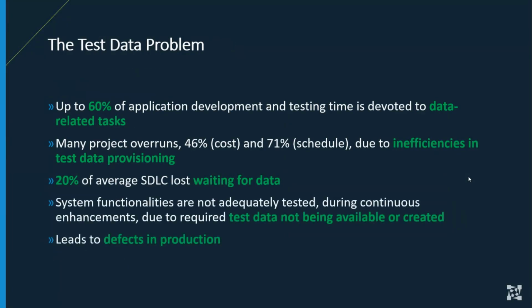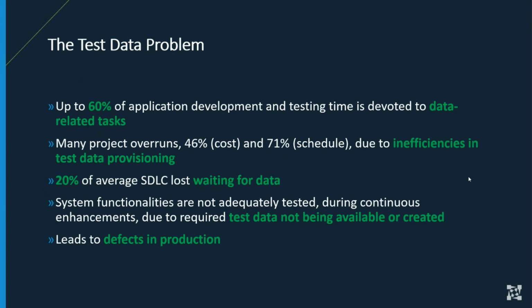In general, the preparation of test data for testing is a very time consuming phase in software testing. Various kinds of research show that anywhere from 30 to 60% of testers' time is spent on searching, maintaining, and generating data for testing and development.